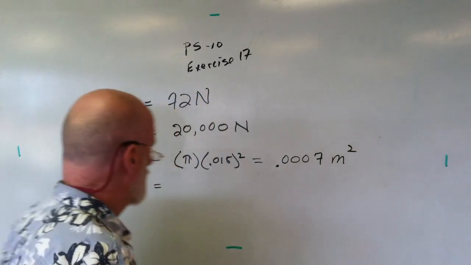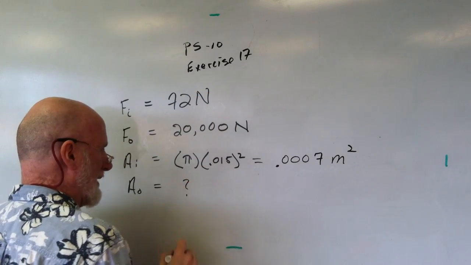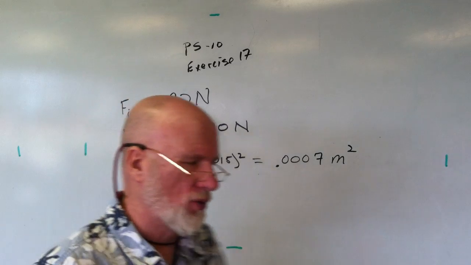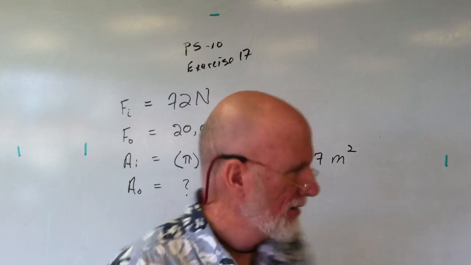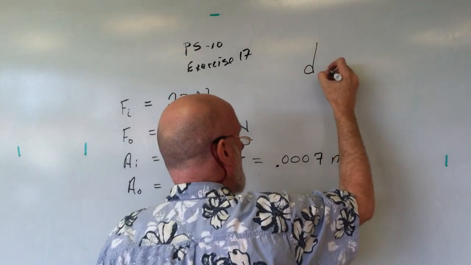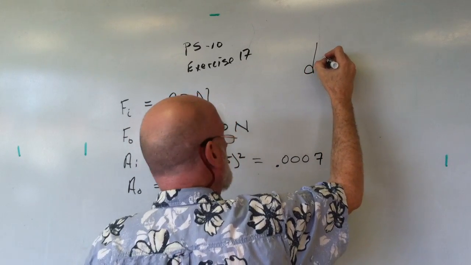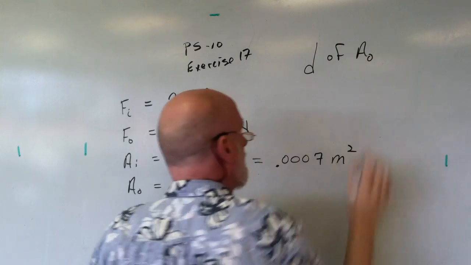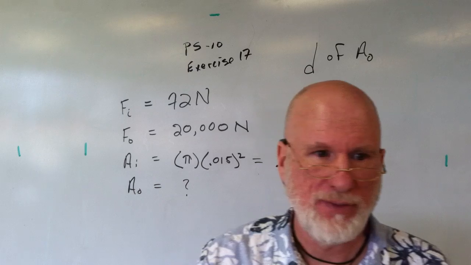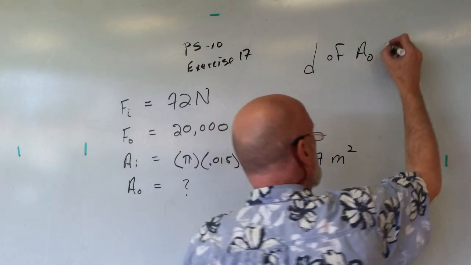All right, now, I need to know that area, but what am I really looking for exactly? Doesn't it say, this is what I'm looking for, the diameter of the piston.